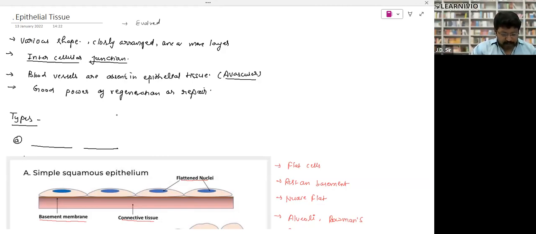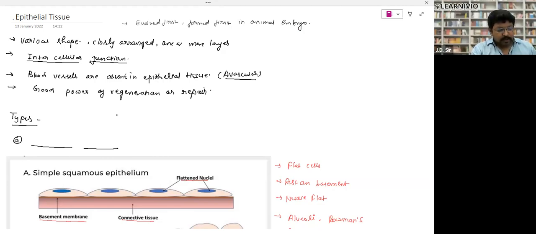Epithelial tissues are evolved first and also formed first in the animal embryo. So they are the tissues which arise first.